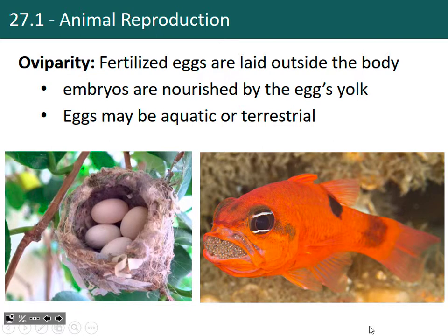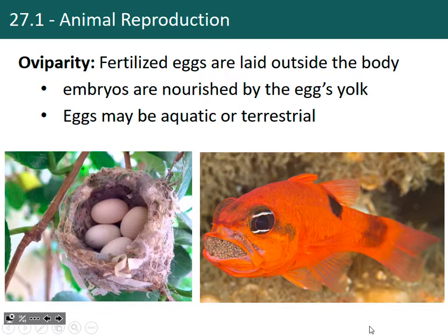So a bird's nest, classic oviparity, right? The eggs are laid outside of the body and the embryo is nourished by the egg's yolk. So during its embryological development, it's feeding off of the yolk of the egg, and that's its supply of nutrients. That's how it gets all of its needs met. And then when it's reached the end of its embryological development, it hatches and leaves the egg, right?